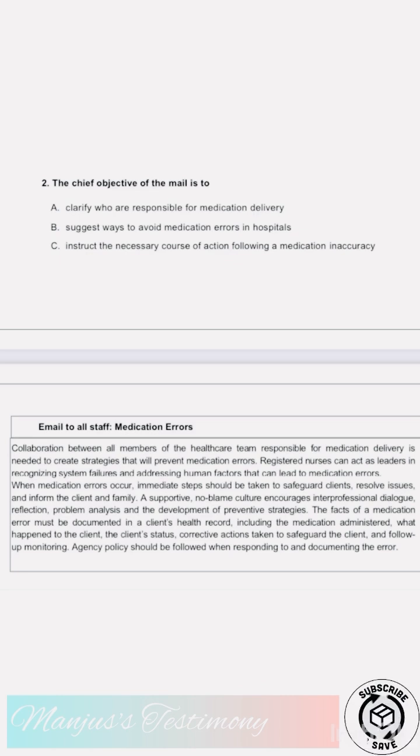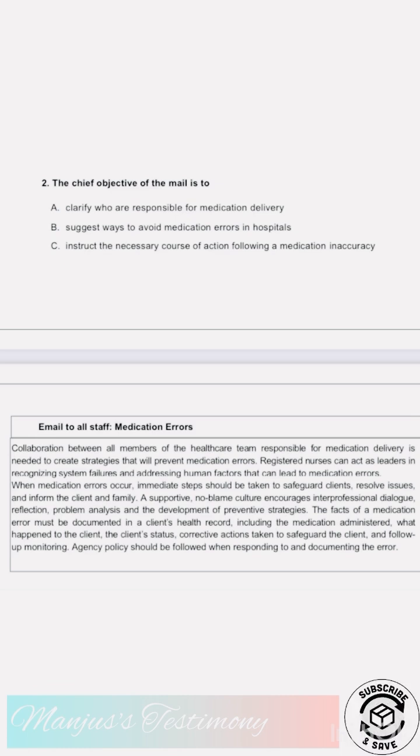All these things are about the necessary actions that have to be done after a medication error occurs in a hospital. So we find that the entire objective of the email is to instruct the necessary course of action following a medication inaccuracy. I hope you understood how I found the correct answer.